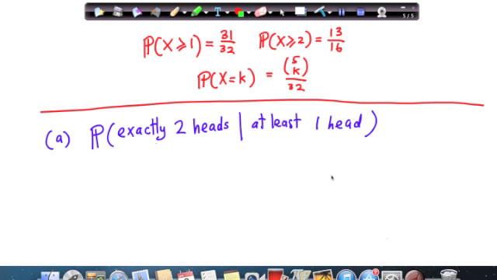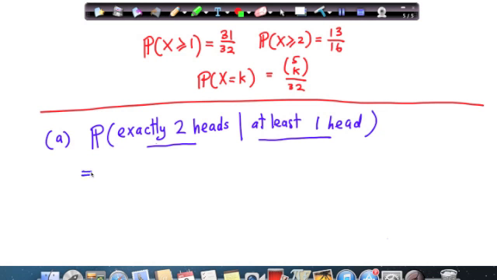Using the results we previously obtained, we are now ready to answer the questions in part A. Here we want to calculate the probability of having exactly 2 heads, given that at least 1 head turn up. These events can be expressed in terms of x, because x denotes the number of heads.